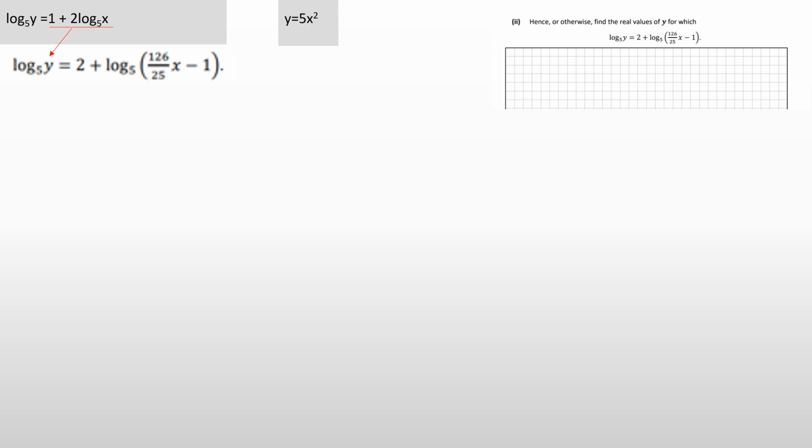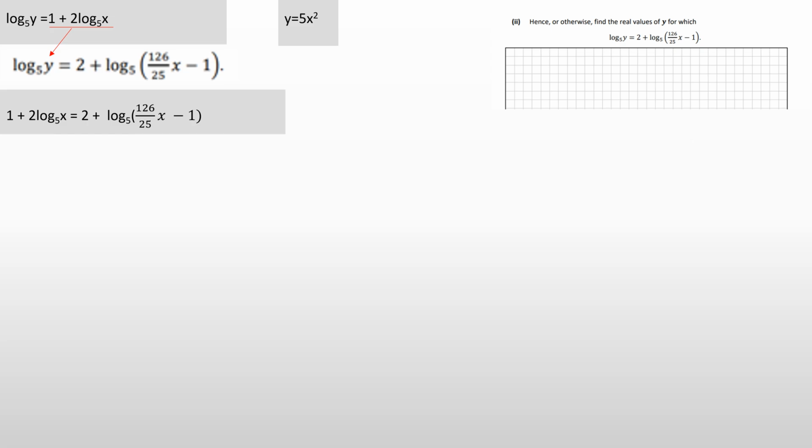So we substitute that for log 5y. We know what log 5y is equal to. We take that in, we put it there, and then it becomes like this. So that's our equation now. So we solve for x, we find the value of x, and then we put it back into the other equation on the top that is saying y equals 5x squared. So when we know x, we put the x there, and then we get the value for y. Right.